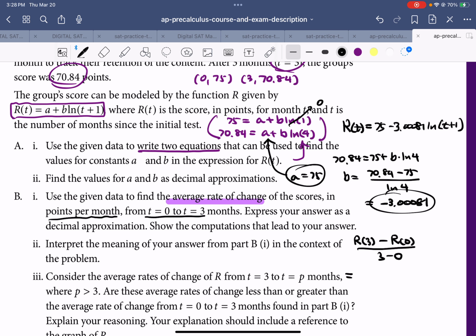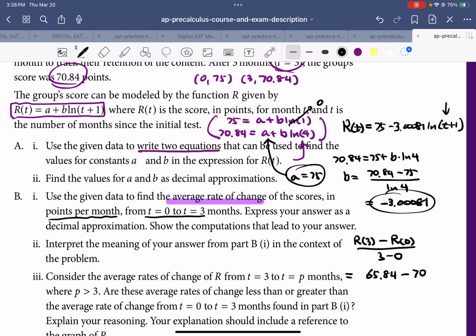If you put R of 3 in the calculator, you put 3 into t, you should get 65.84, and once you put in 0, that should be 70, right?